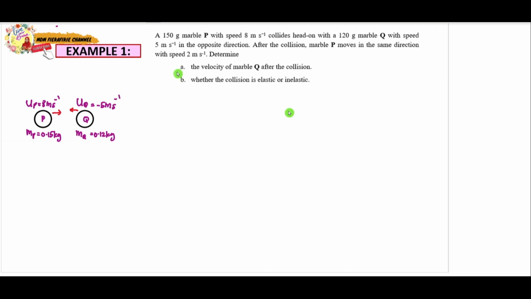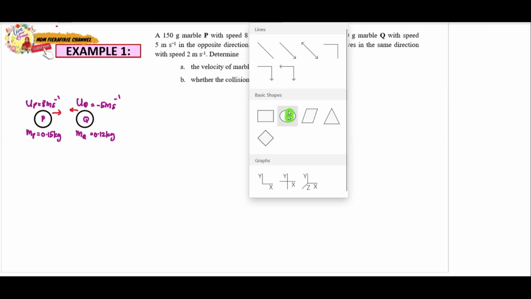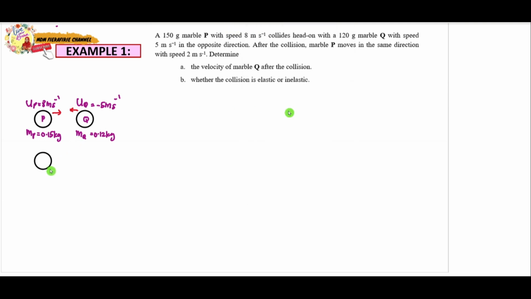Okay, and then after collision, marble P move in the same direction. So what happened after collision? Alright, so the question states that marble P still moves in the same direction. Alright, so this is P. Okay, and Q, how about Q? So let's sketch first.